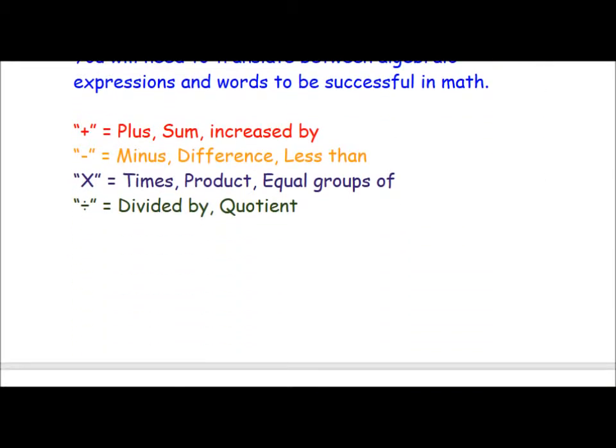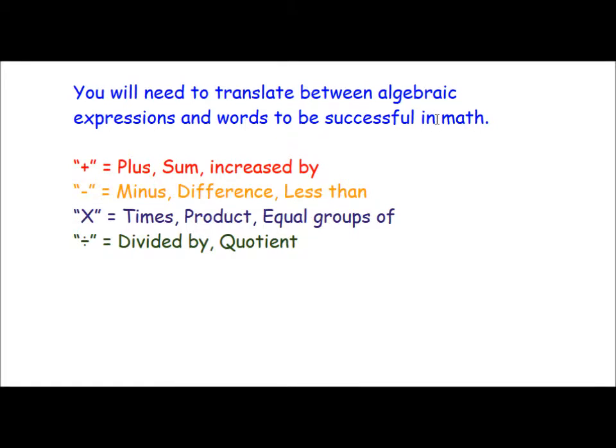So let's see how we can convert an algebraic expression into words. Whenever there is a plus sign, in words we can write it as plus, or sum, or increased by. Whenever the minus sign is there, we can say it signifies difference, or less than.